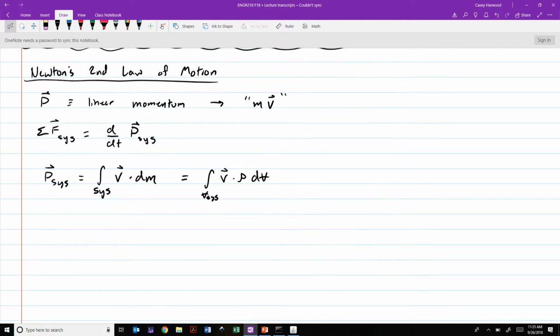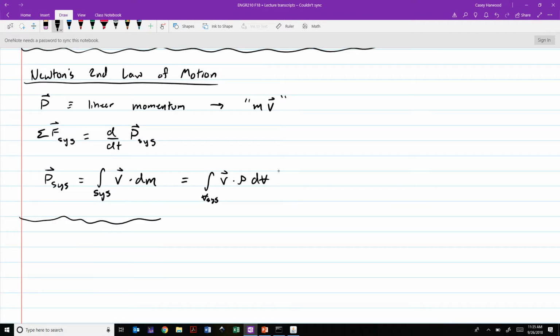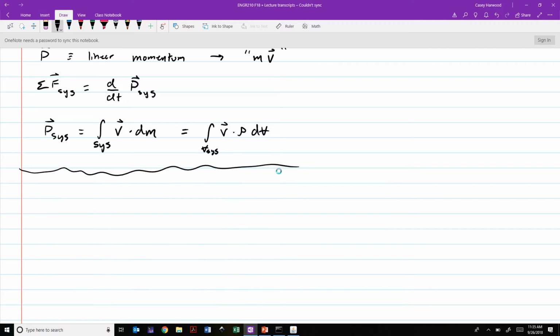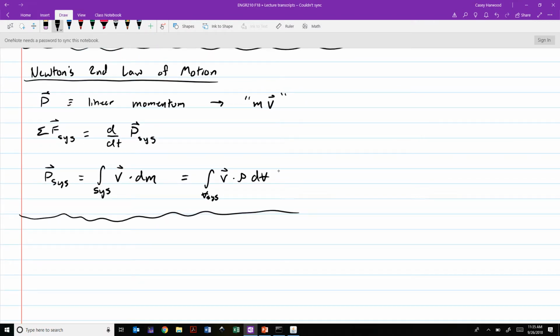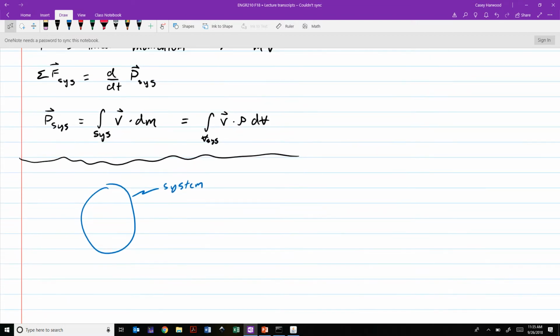In other words, if this is our system at some instant in time, then we can place a control volume exactly coincident with that system.